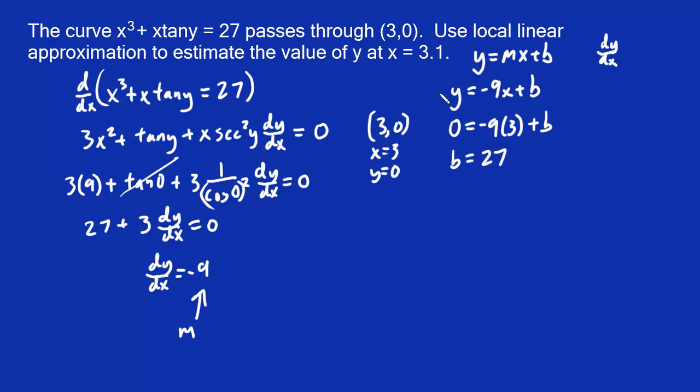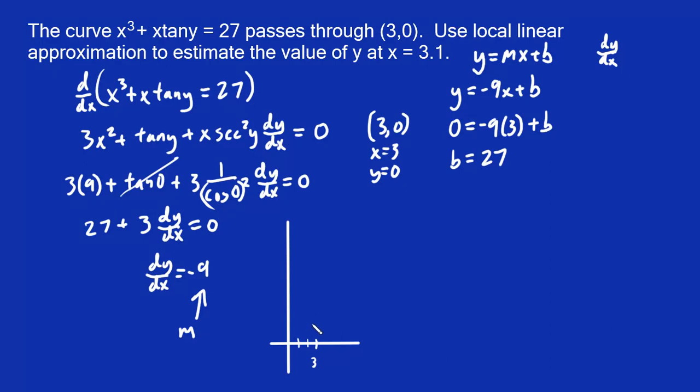That makes sense, so let's plot this out really quickly. We're given the ordered pair (3, 0) here. So 1, 2, 3. We know the slope is negative 9.